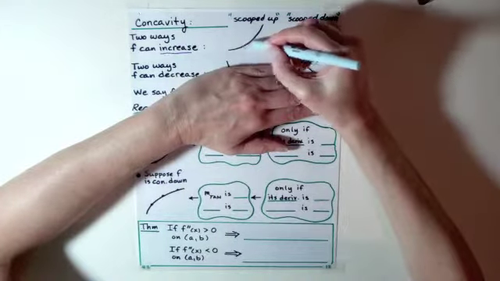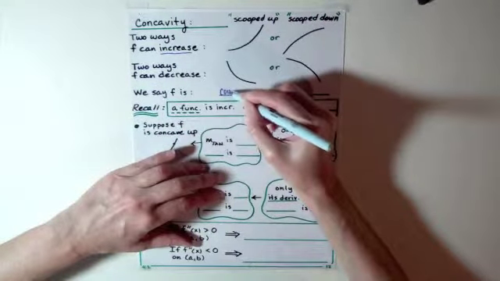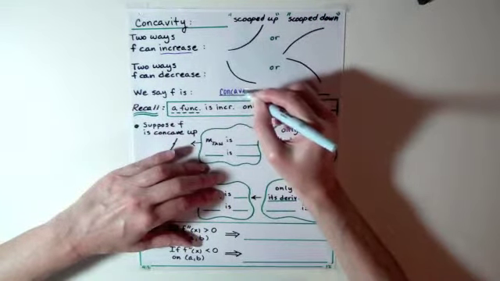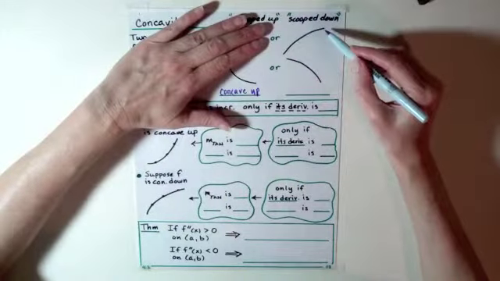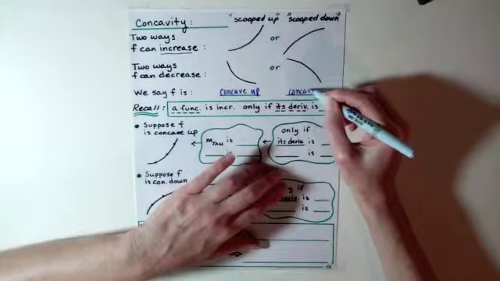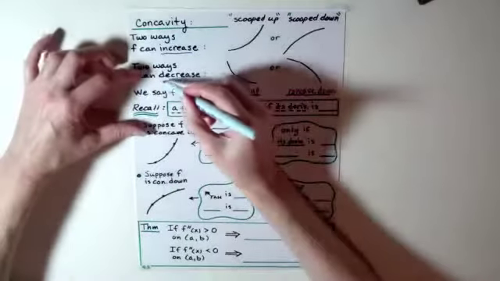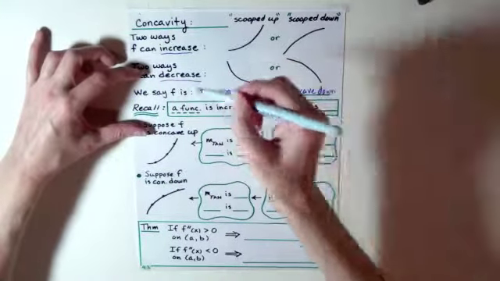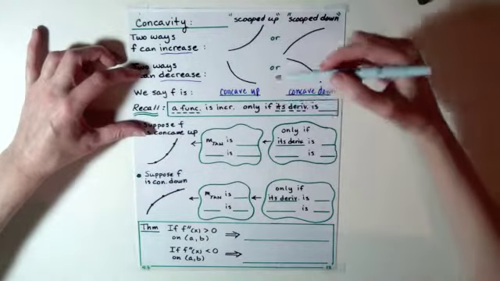When something is scooped upwards, we say that it is concave up. And when something is scooped downwards like this, we say it is concave down. Now, we could also look at a curve that is decreasing, and a curve could decrease and be concave up, or decrease and be concave down.